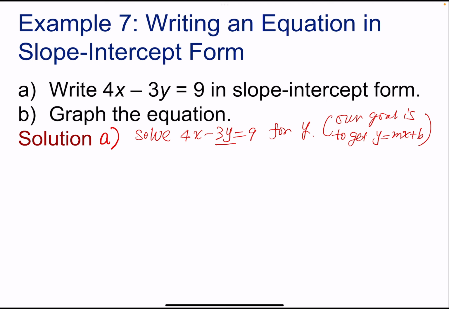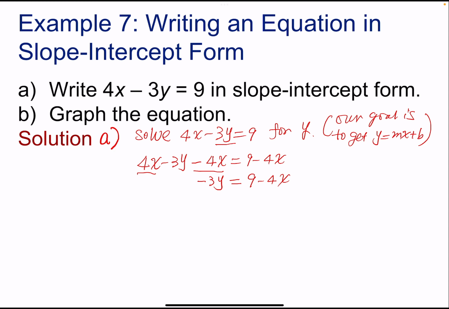So I'm going to write a little bit of detail here. Minus 4x from both sides, and then 4x minus 4x cancel out. So I have negative 3y equals 9 minus 4x.